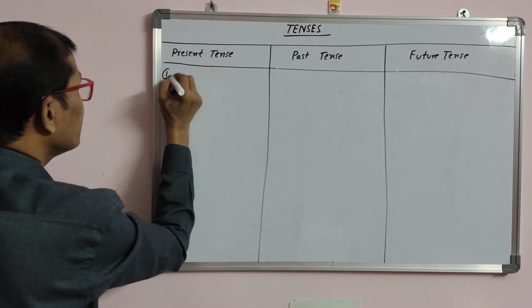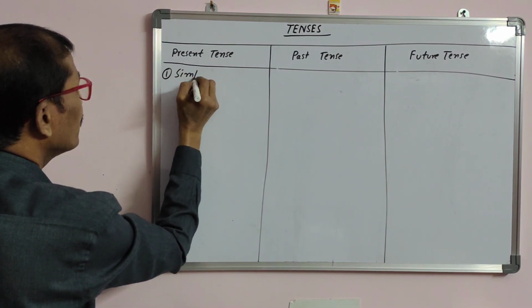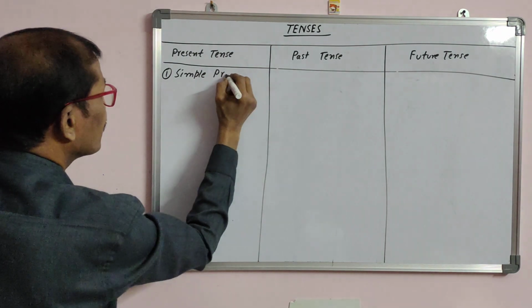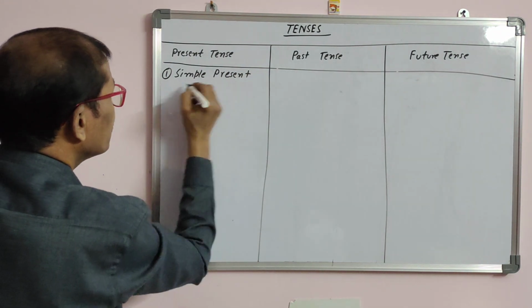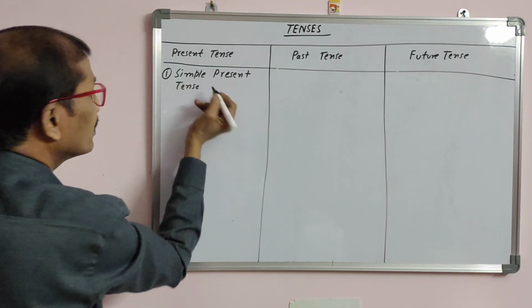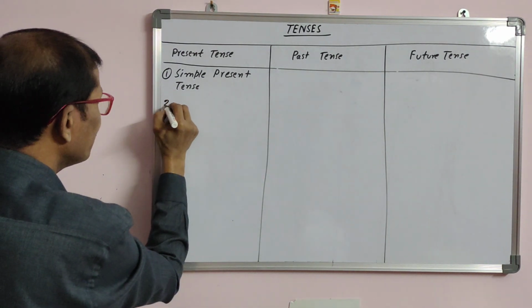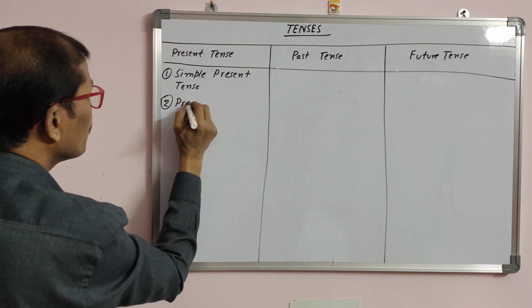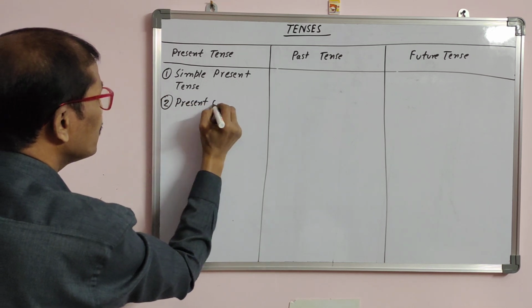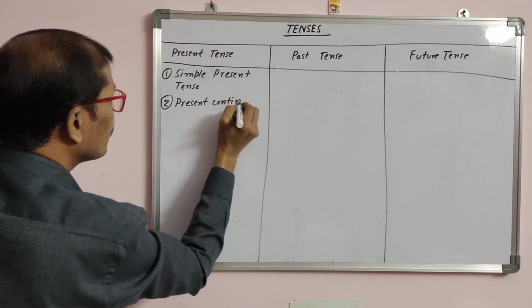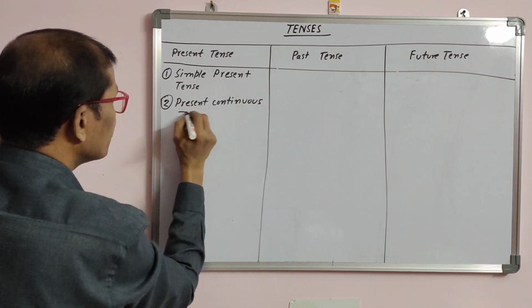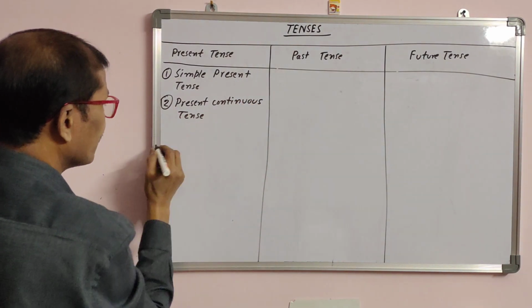First one of the present tense is simple present tense, or otherwise we can also say present simple. Some people say that. The next one is present continuous tense.